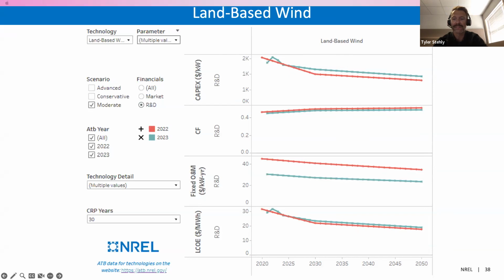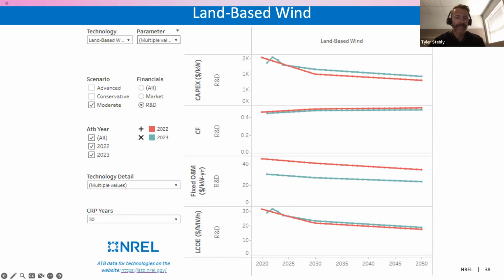So the technology stays the same in this year's ATB, so it's not a direct comparison. The 2022 ATB CapEx does not reflect supply chain stresses, increased commodity prices, or higher logistics costs. Other differences include refined bottom-up engineering cost models that result in different dollars per kilowatt for this year's update.